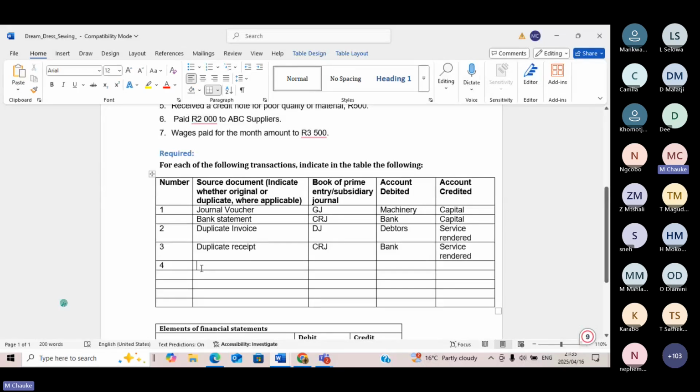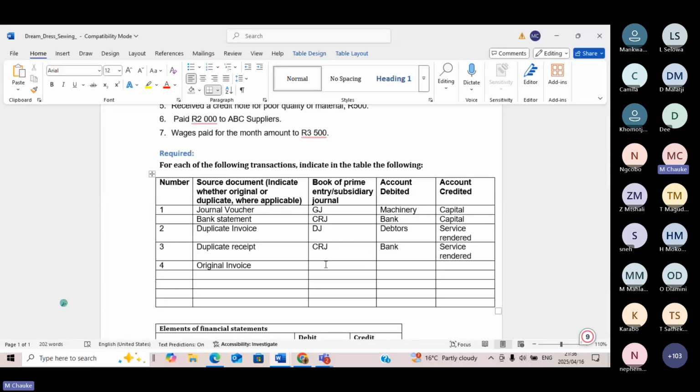So the source document will be an original invoice, right? And then where are you recording this transaction?